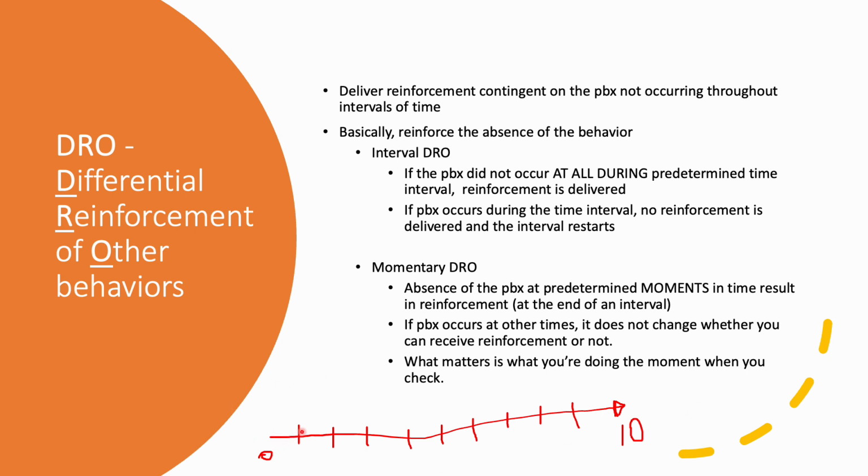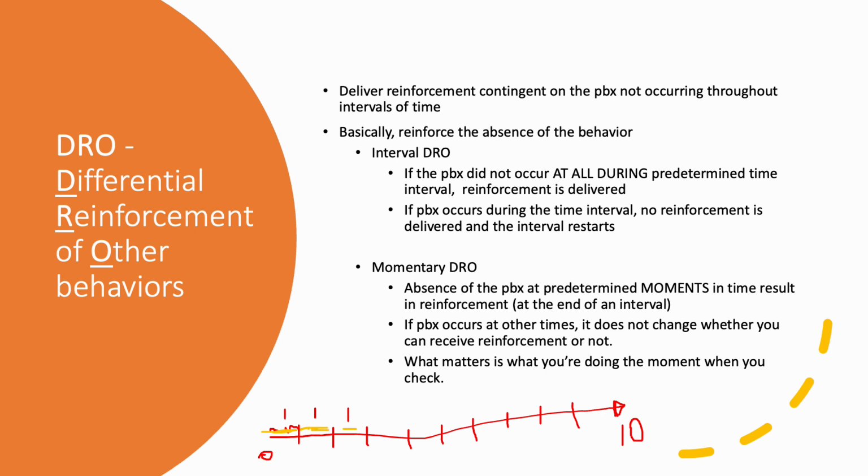And each of these would be 1 minute, right? Each of these would be considered an interval. Let me use a different color. Okay, this here would be our first interval. This here would be our second interval.